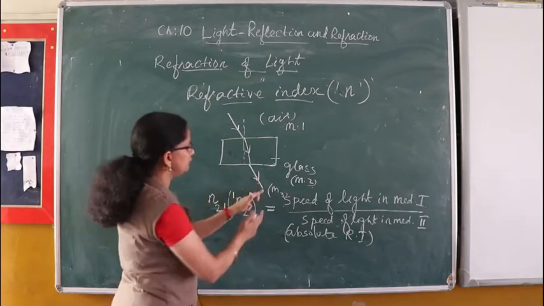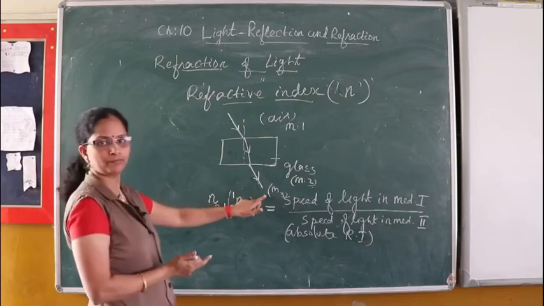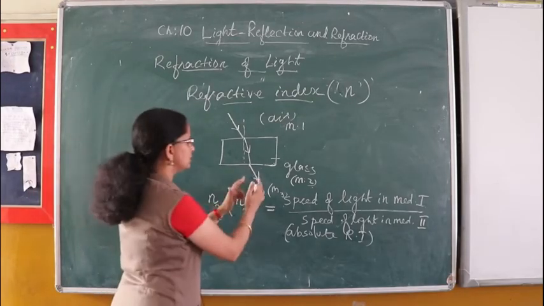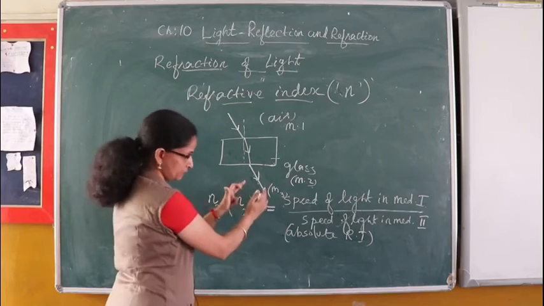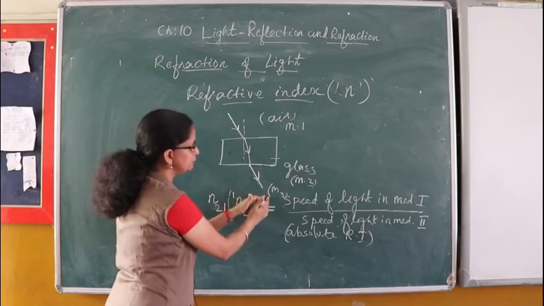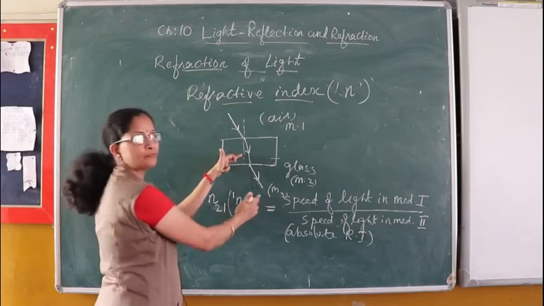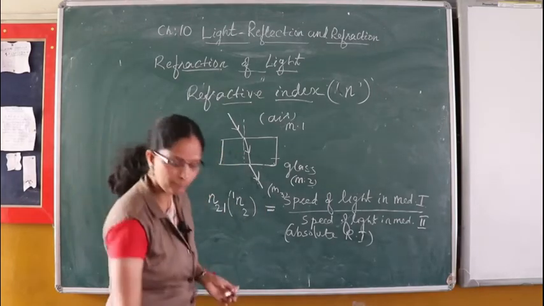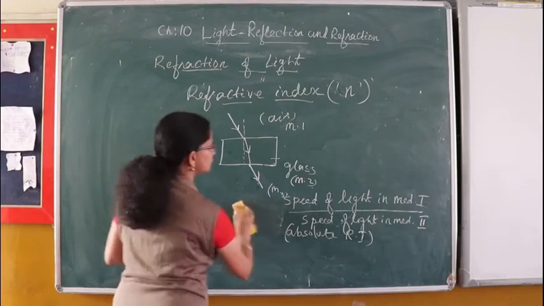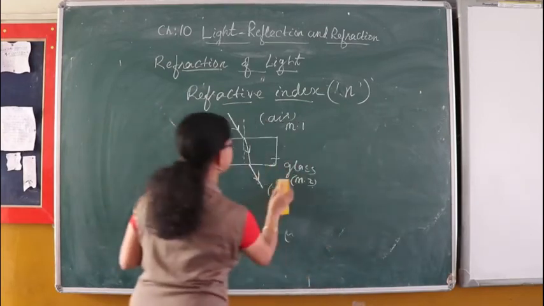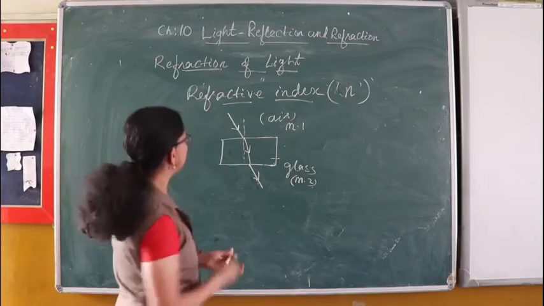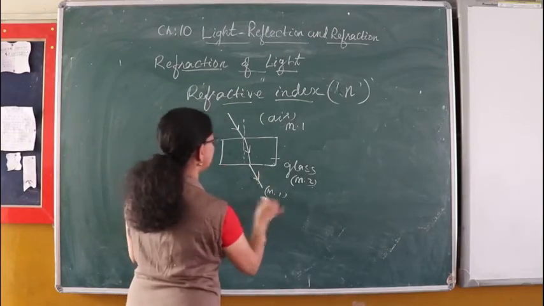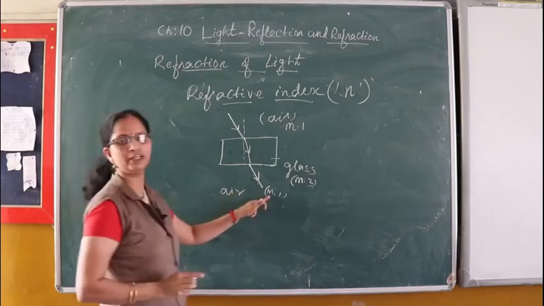Now this refractive index of medium 3 is called the refractive index of medium 3 with respect to medium 2. Or suppose it is air again, when the light enters from glass back to air, that is medium 1 only.